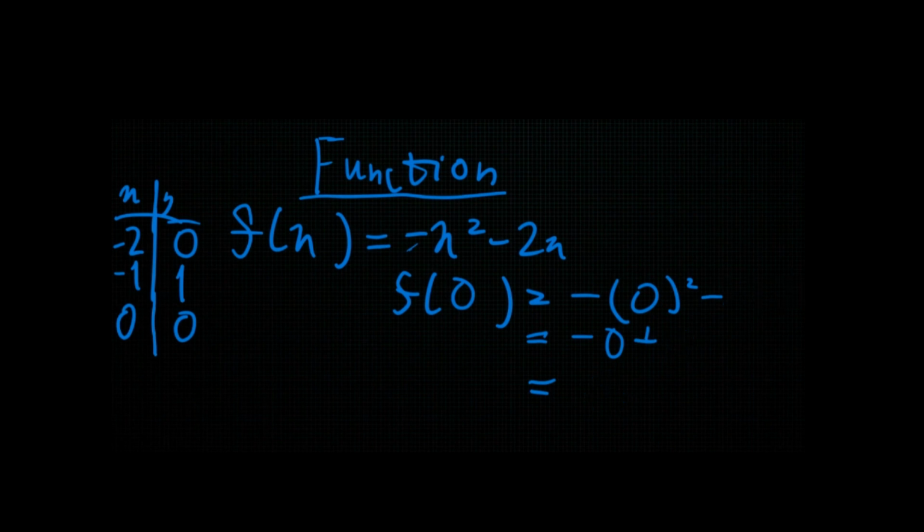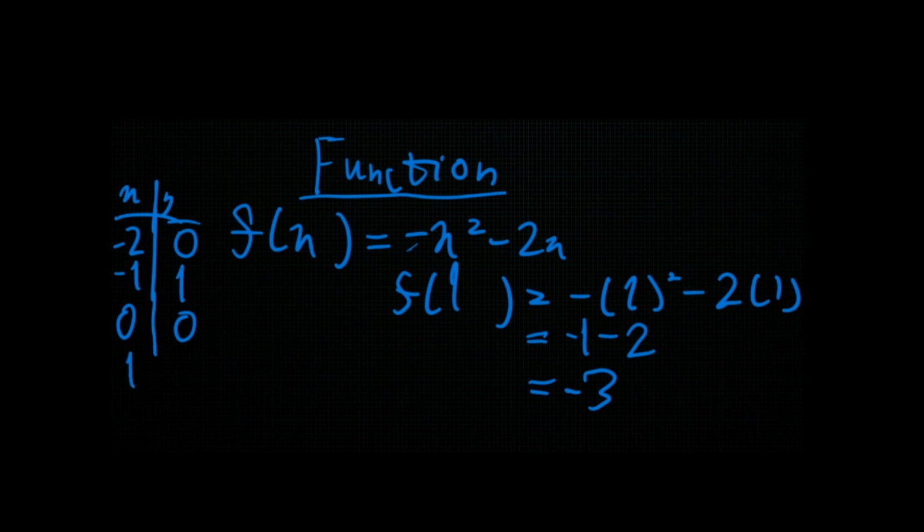Now let's use 1. f of 1 will be equal to negative 1 squared minus 2 times 1. See, 1 squared will be just 1, and then negative, it will be negative 1, and then negative 2 times positive 1 will be negative 2. So negative 3. That will be negative 3. And now lastly, I want to use 2.